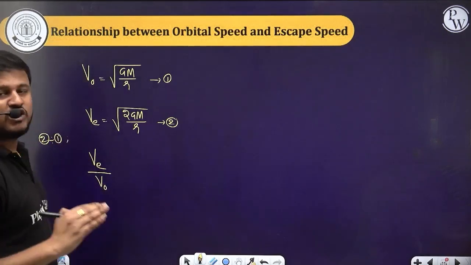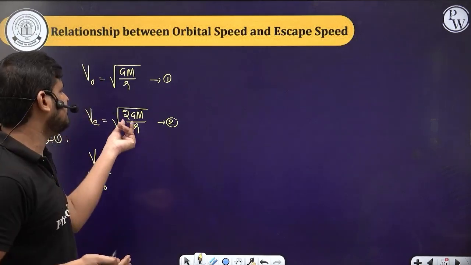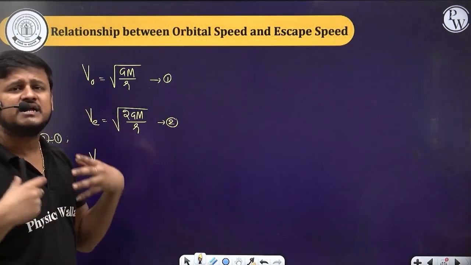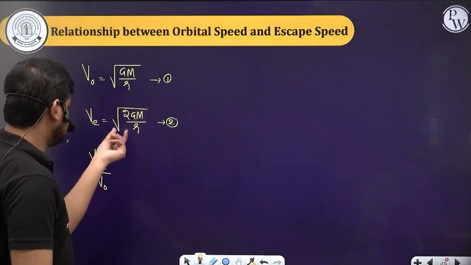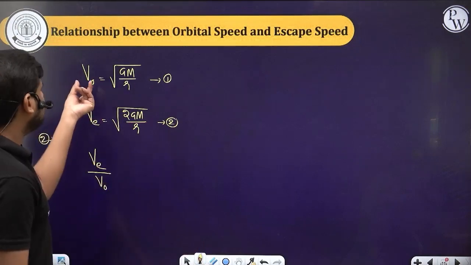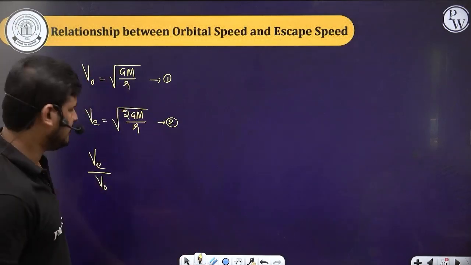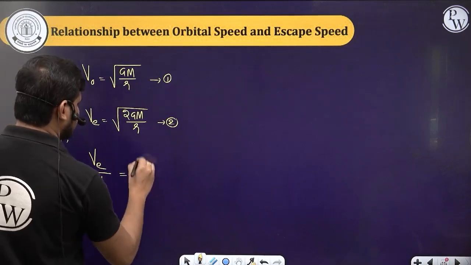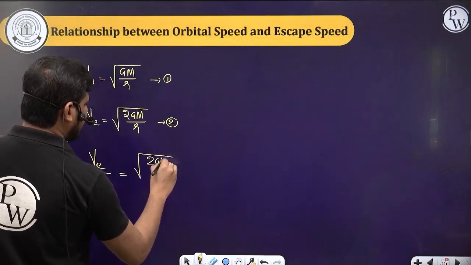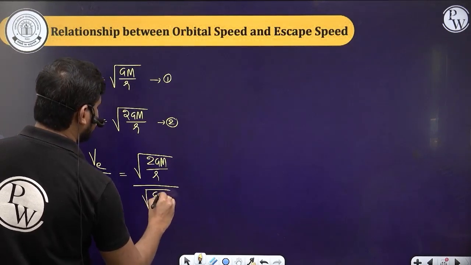The escape velocity we are finding from some distance, not only the Earth. If it is for the Earth, we can write capital R, but I am writing it for some general planet, so let it be small r. Here we can write root over 2GM by r divided by root over GM by r.